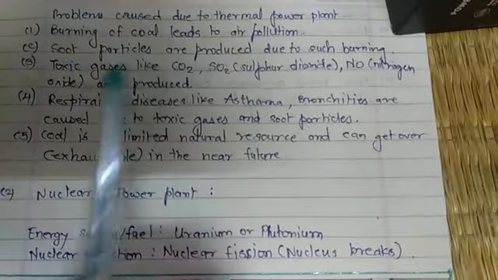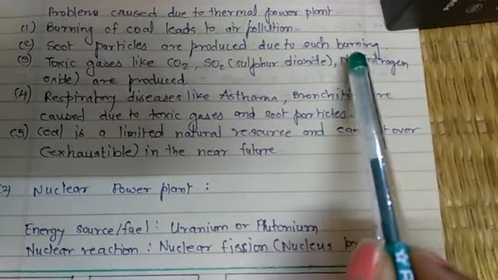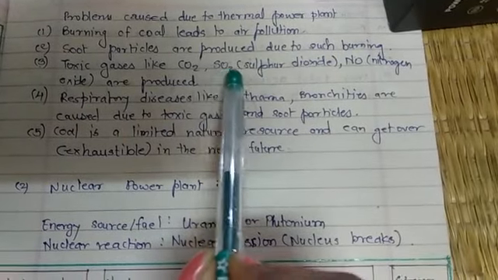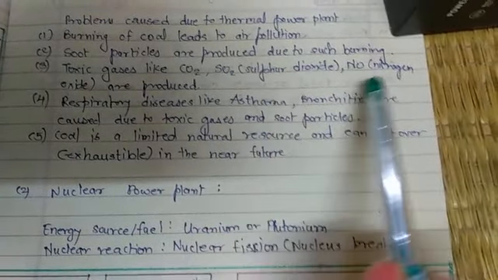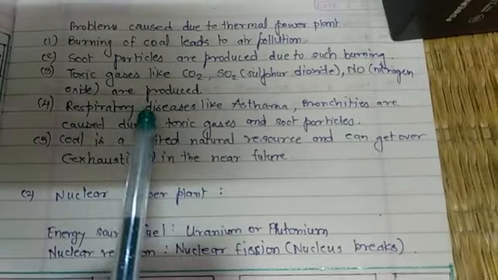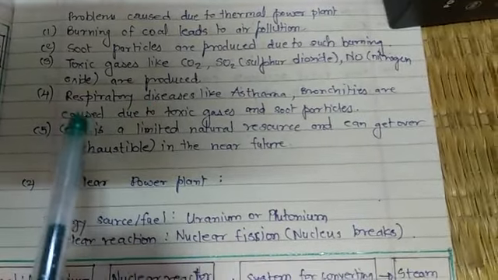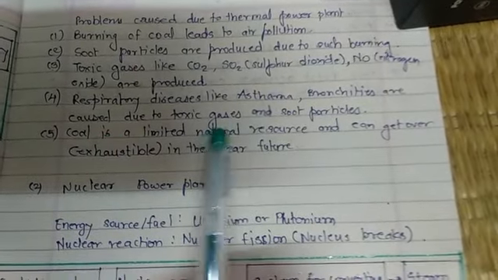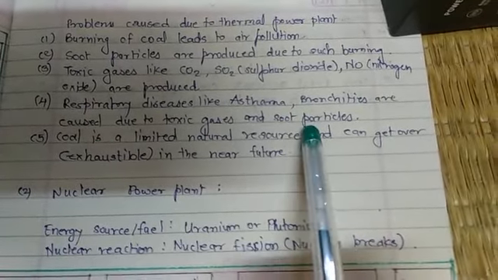Soot particles are produced due to such burning. Then toxic gases like carbon dioxide, sulfur dioxide, and nitrogen oxide are produced. Respiratory diseases like asthma and bronchitis are caused due to toxic gases and soot particles.